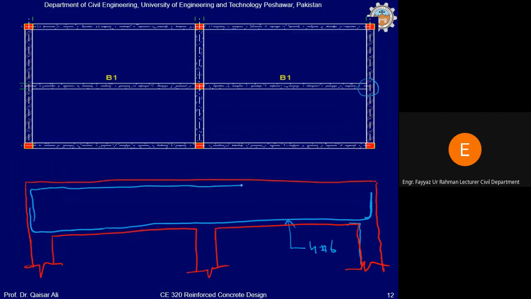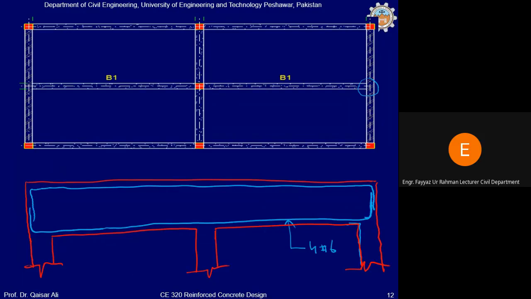2 number 6 bar will be provided continuously because you need at least 2 bars at every section to hold the stirrups. उसके लिए तो आपने कम से कम 2 बार तो प्रोवाइड करने हैं ना. You don't need these 2 bars at the exterior support because there is no moment, negative moment, but to hold the stirrup minimum you have to provide at least 2 bars even at the exterior support.